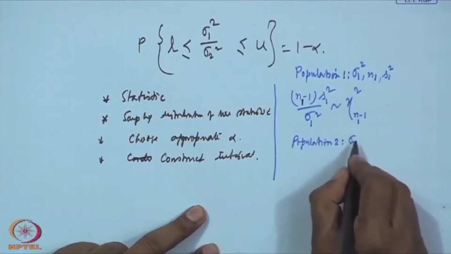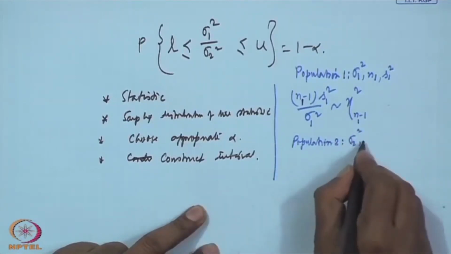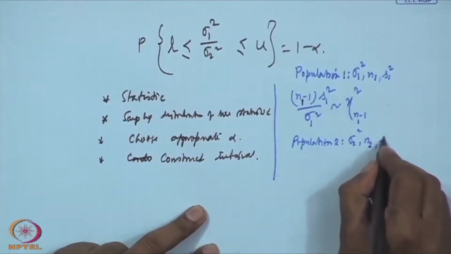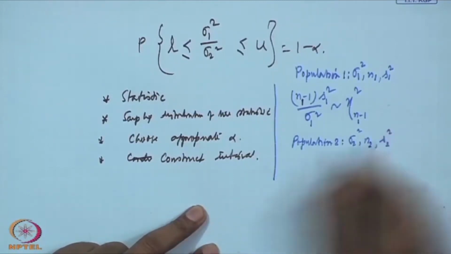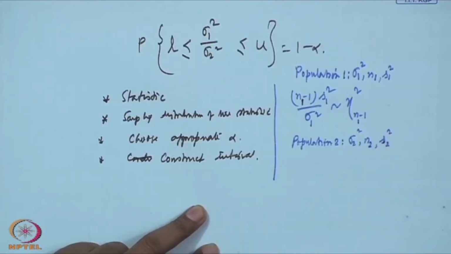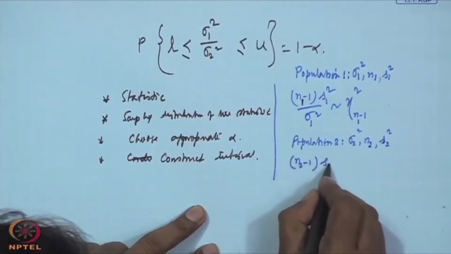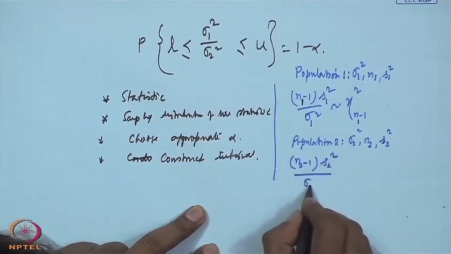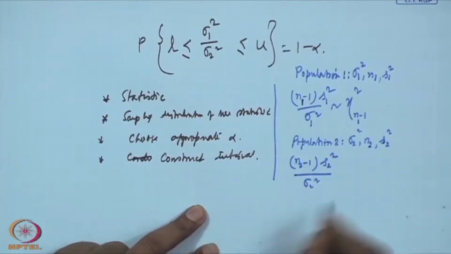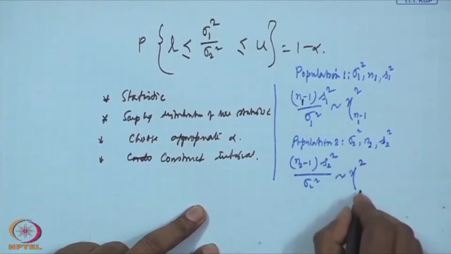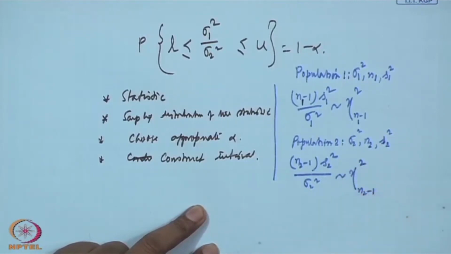You go for population 2, where the variance is sigma 2 square. You have collected a sample of size n 2 and calculated the sample variance. Can I not say that n 2 minus 1 S 2 square by sigma 2 square is chi-square distributed with n 2 minus 1 degrees of freedom?